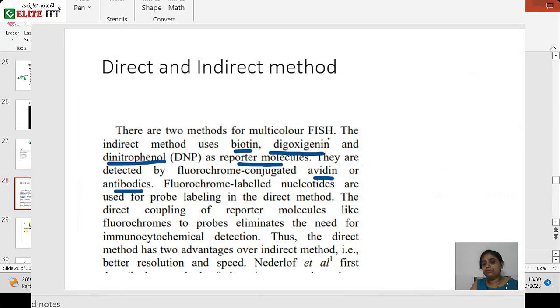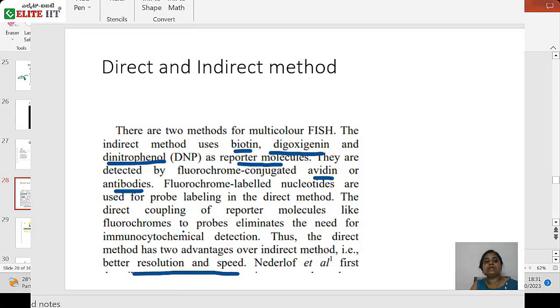You have to add the fluorescent compound with avidin or anti-digoxigenin. Fluorochrome-labeled nucleotides are used for probe labeling in the direct method. Direct coupling of reporter molecules like fluorochromes to probes eliminates the need for immunocytochemical detection. Thus, the direct method has two advantages over the indirect method: better resolution and speed.